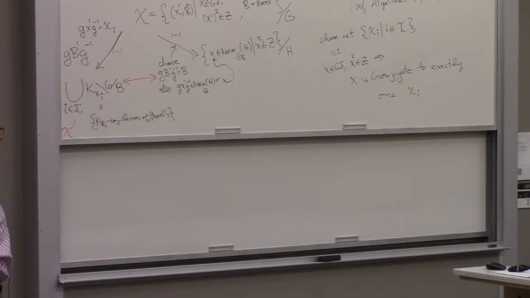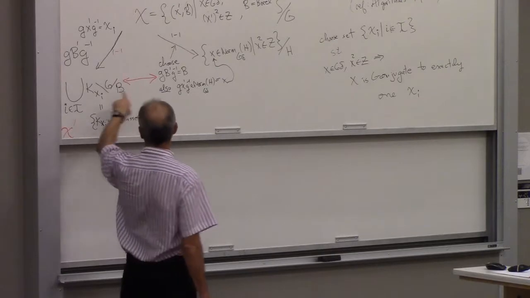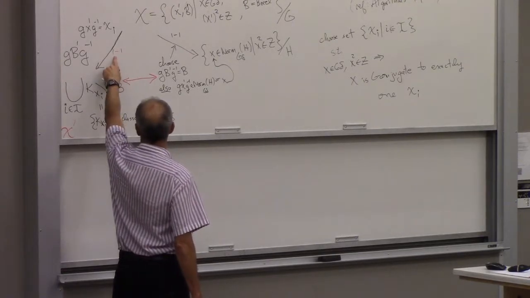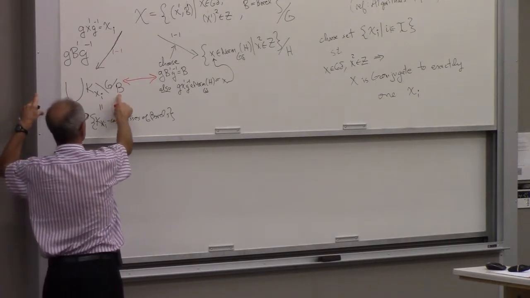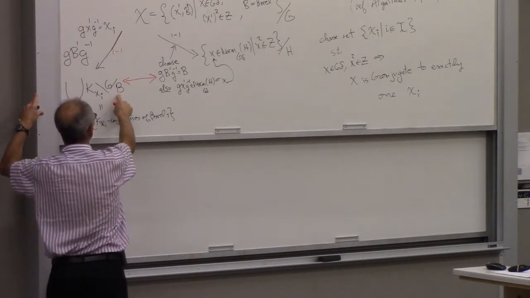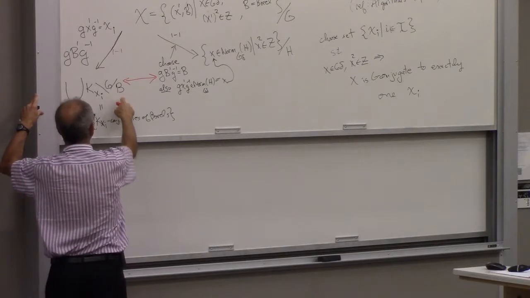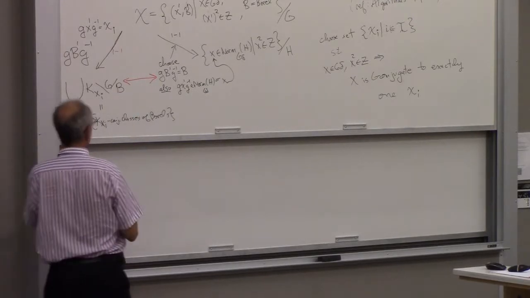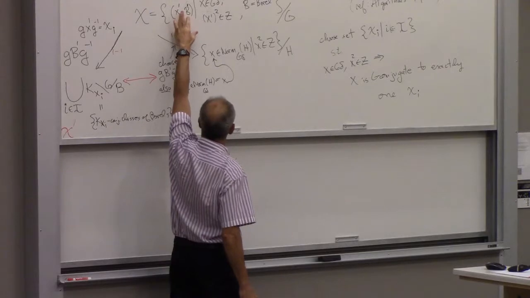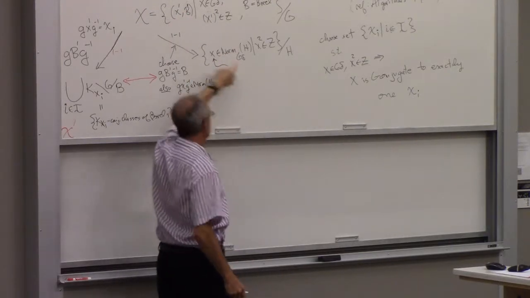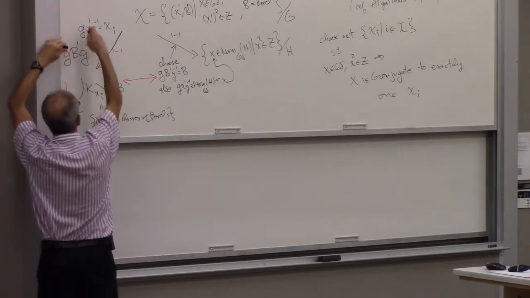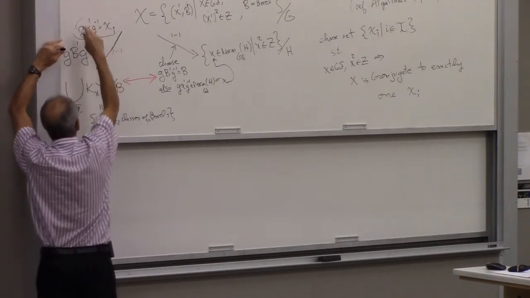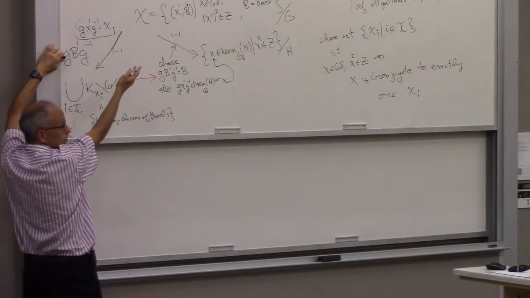So for the second identification, B is the fixed one? No, this B is the fixed one. So you're choosing the G so that G B prime G inverse is fixed? No, on this side, I'm conjugating B prime to the fixed B. On this side, I'm conjugating X prime to X. I'm choosing the G which does that, and then I'm letting B prime go wherever it goes.